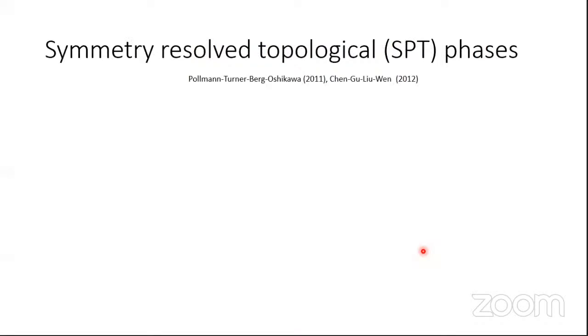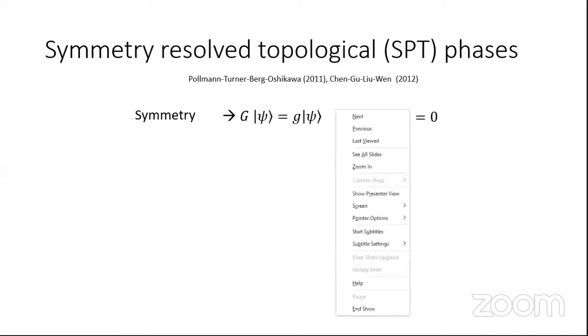We have extended this idea by looking at something known as the symmetry resolved reduced density matrix. So what is the idea? What does it mean to have a symmetry?